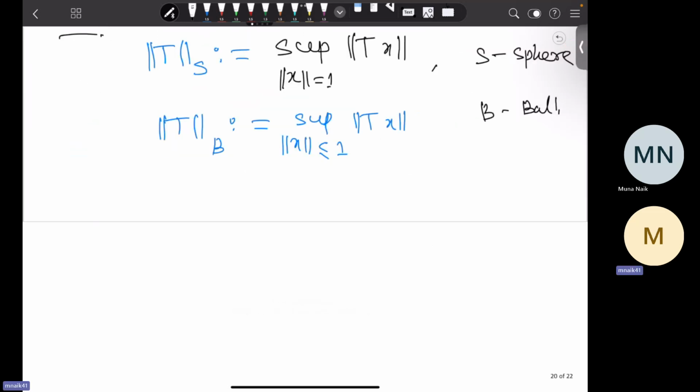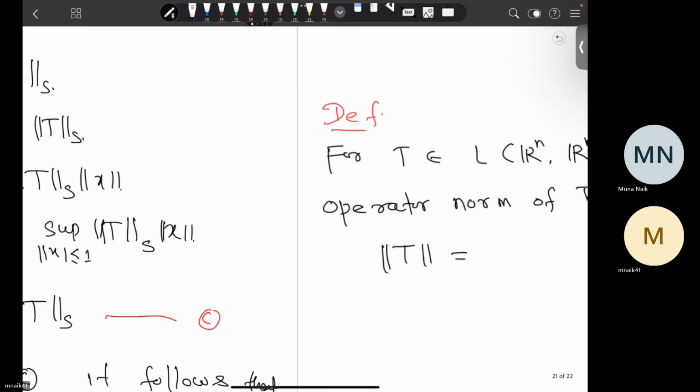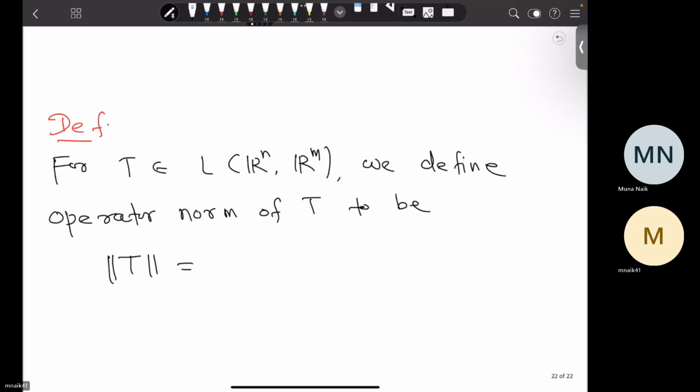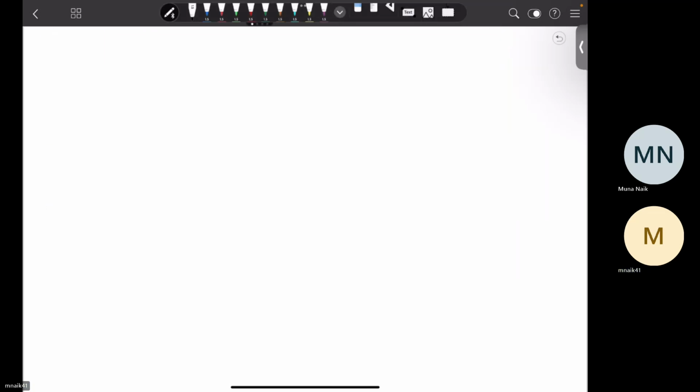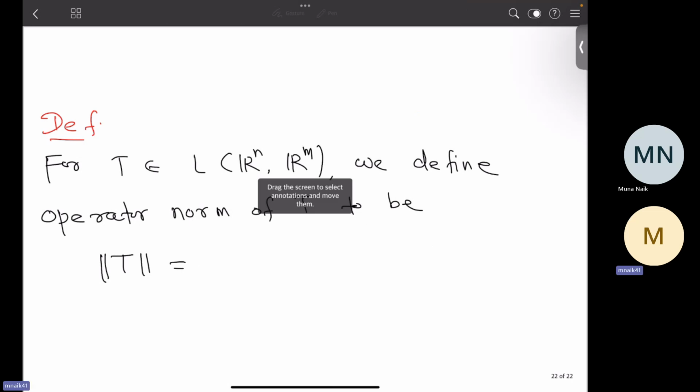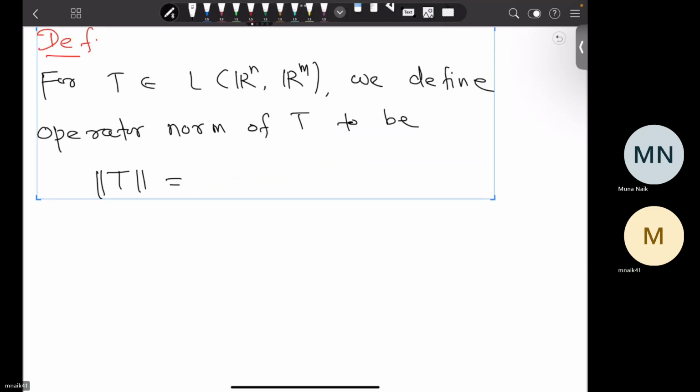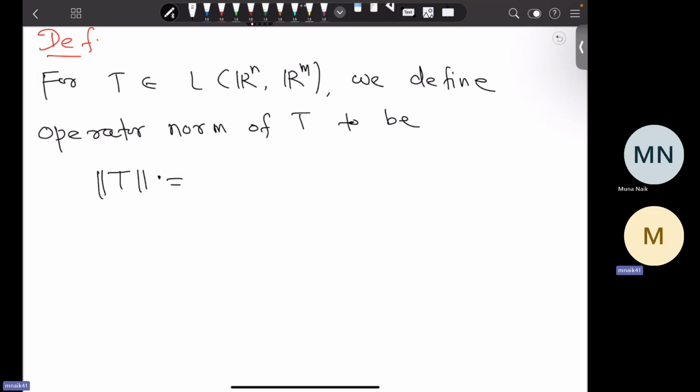So I define the norm of T to be this supremum.